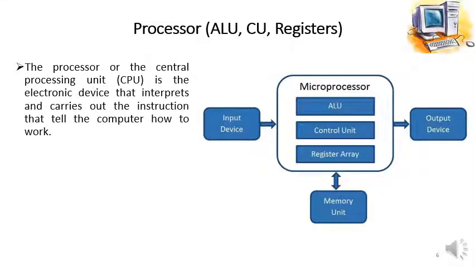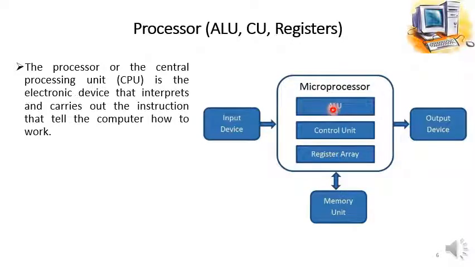Central processing unit means the processor or the microprocessor. A microprocessor actually consists of three different components. Those are ALU, CU and registers. These are three different components of a single microprocessor chip.